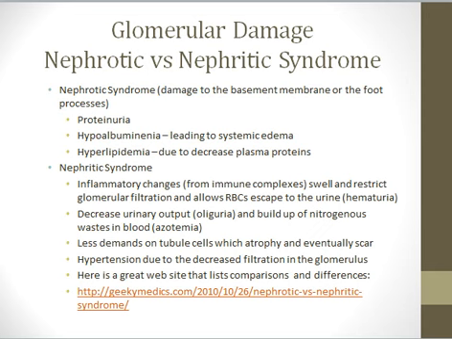So nephrotic versus nephritic syndrome, these are very difficult to understand, but I think what to remember is with nephrotic syndrome, you're going to have damage to that basement membrane, or those foot processes, those cells that cause the interdigitation that surrounds the glomerulus. Those can be damaged as well.